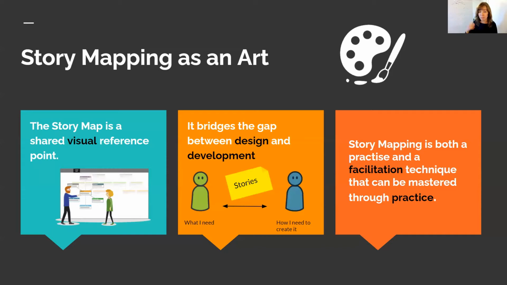A story map can bridge the gap between design and development. What I mean by that is it can bridge the gap between what we need, from a customer perspective, and what we need to create to achieve that. The story map can be an intersection that combines those and communicates the connection between those perspectives.